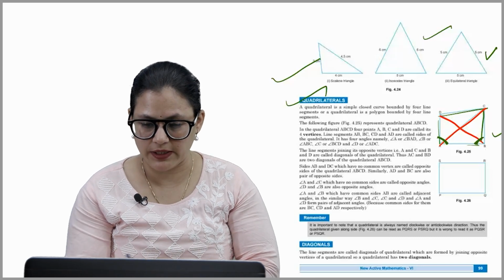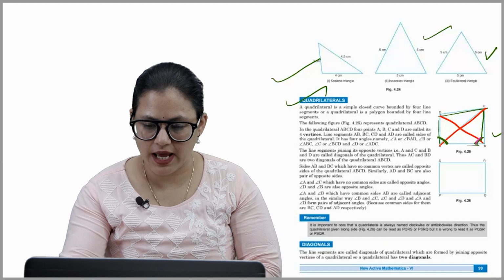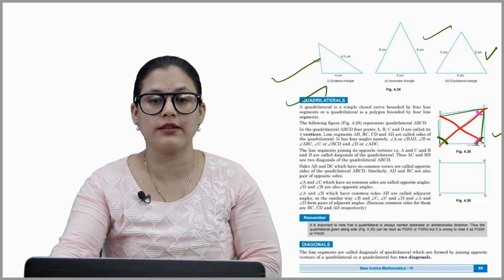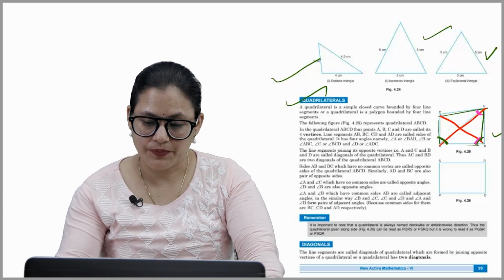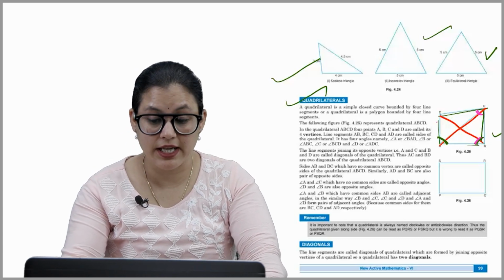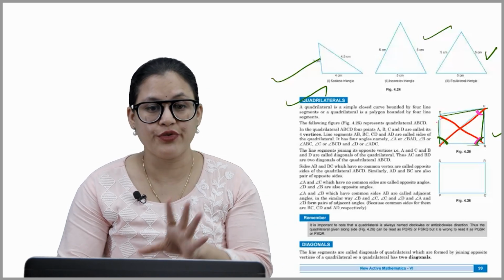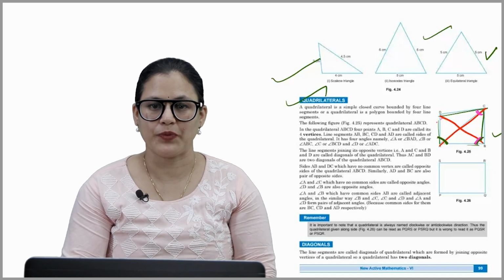In the similar way, angle B and angle C are adjacent angles because they have common side BC, okay. And angle C and angle D, and angle A and angle D form pairs of adjacent angles because common sides for them are CD and AD respectively, okay.